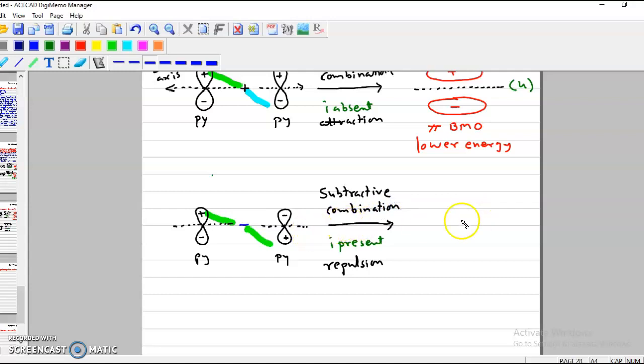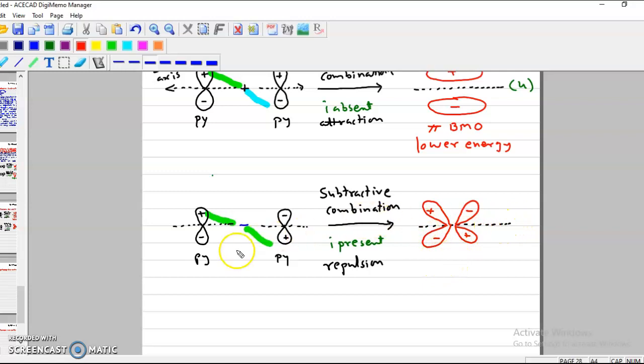Here I is present. So when these two atomic orbitals approach each other, they do not like each other, and therefore they will try to move away from each other in different directions. That shows that they do not like each other, and therefore this type of molecular orbital forms in which signs are opposite.